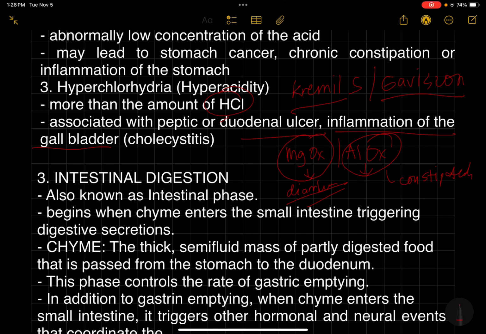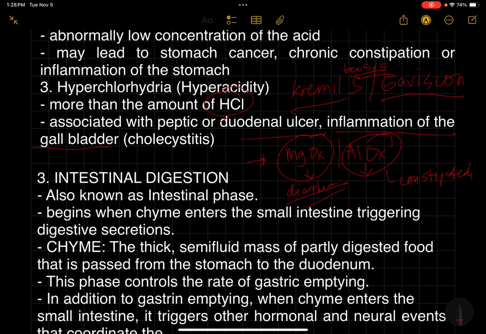Again, when we have Kremil S and Gaviscon as treatment for our hyperacidity, they neutralize the acid, since these medicines are basic. Kremil S and Gaviscon have this composition when it comes to the drug: magnesium oxide and aluminum oxide.